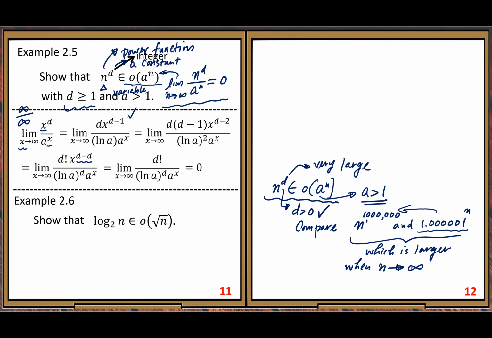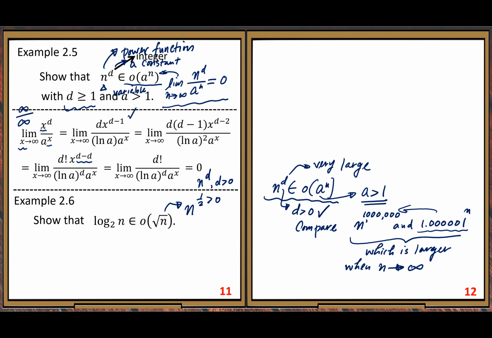This time we compare the log function and the power function. Can we treat this square root of n as a power function? Because it's n to the 1/2. Although 1/2 is not an integer, it's positive, right? So we can treat it as n to the d with d greater than 0. So it is still a power function.